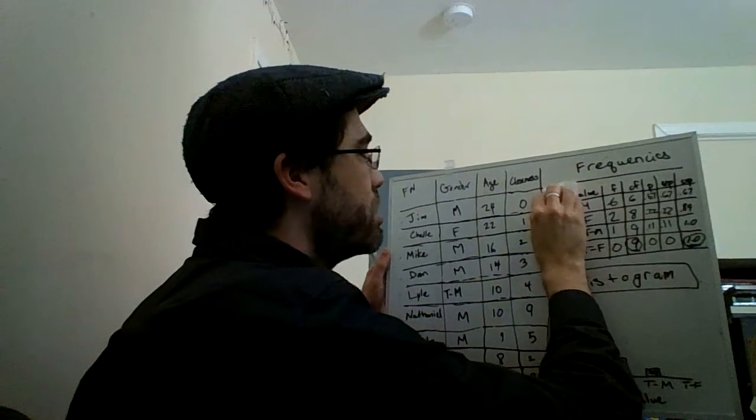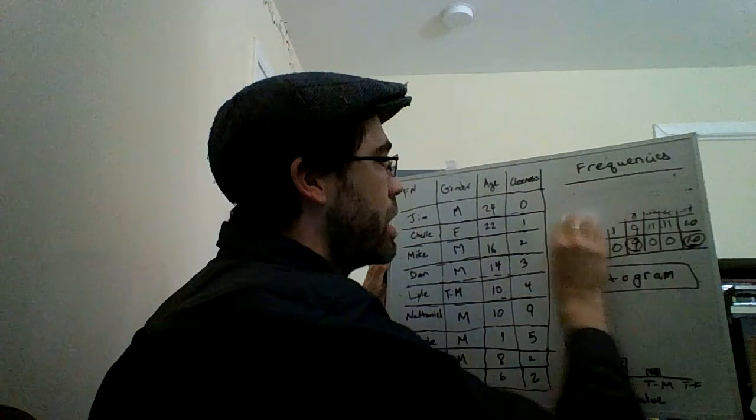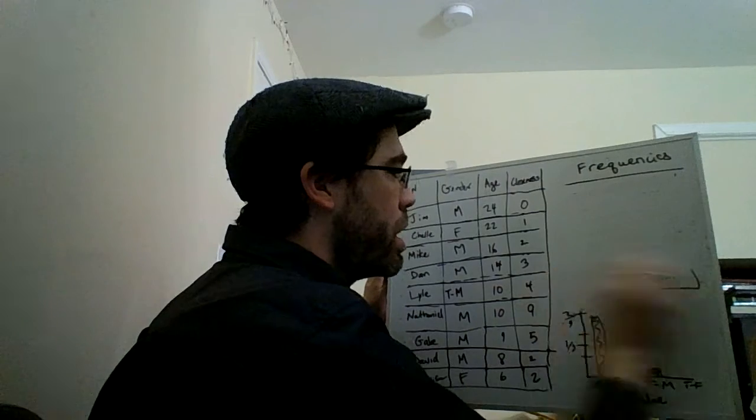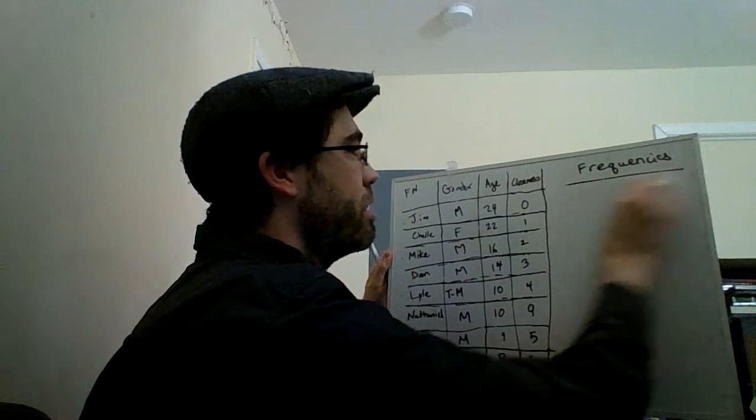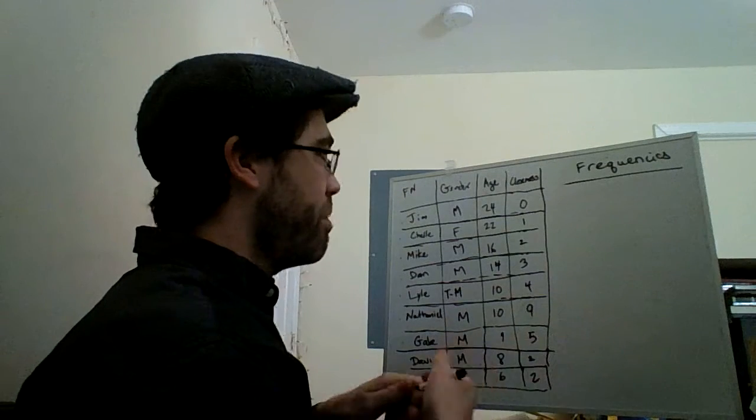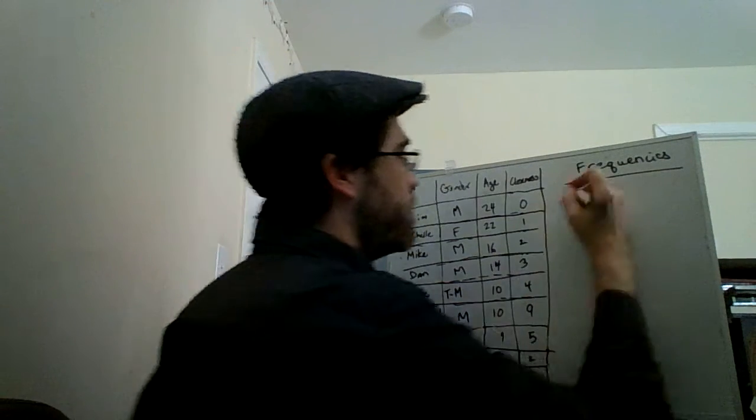Now let's try this. We've done this with the nominal variable. Let's erase and switch to ordinal. Closeness. Closeness is on a scale of 0 to 5, 0 meaning I've never met them, I have no idea, I'm not at all close to them.